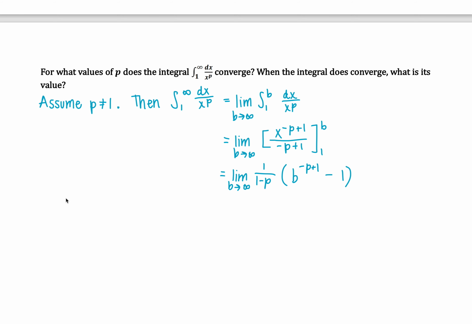So I'm going to start by saying if p is greater than 1, then negative p plus 1 is going to be less than 0. So again, if p is larger than 1, so p could be even 1.5, anything, as long as p is larger than 1, then this exponent is going to be less than 0, in which case we've got 1 over b to some power, and that limit as b approaches infinity will go to 0.